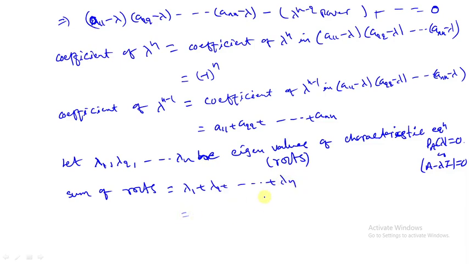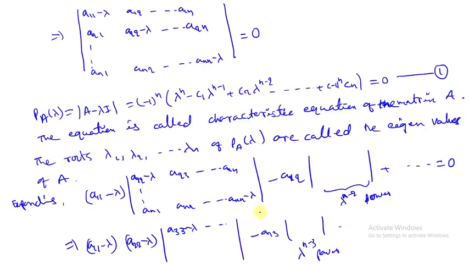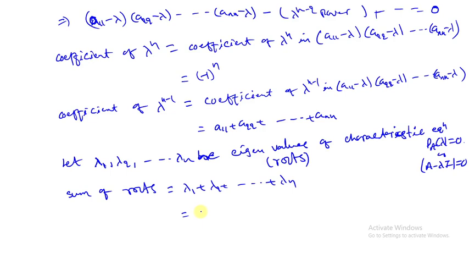Now observe here from equation 1, what is the sum of roots? That is negative of the coefficient of lambda power n minus 1 divided by the highest degree coefficient. That is minus of minus, plus. That means we are getting minus of minus c1 equal to c1.